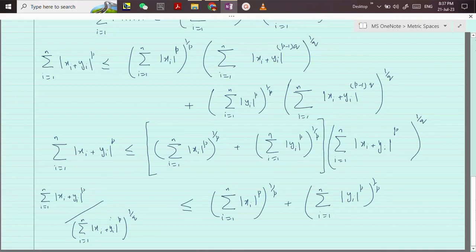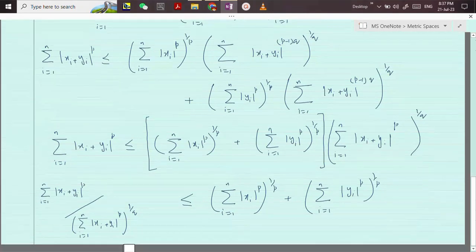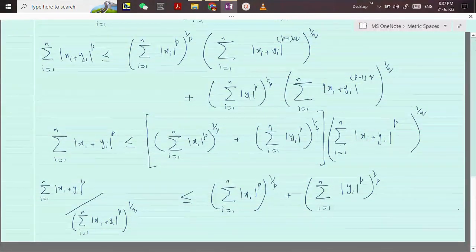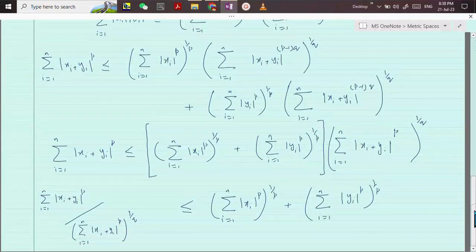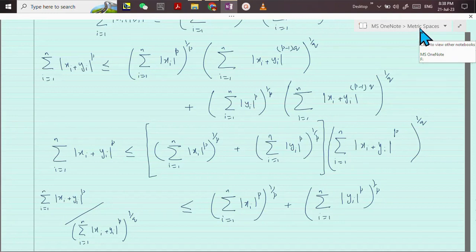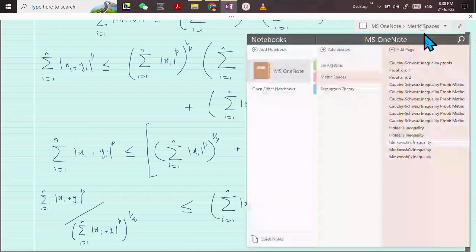So this quantity goes up. When it goes up, the exponent 1 by q turns negative, minus 1 by q, when it goes up from the denominator.